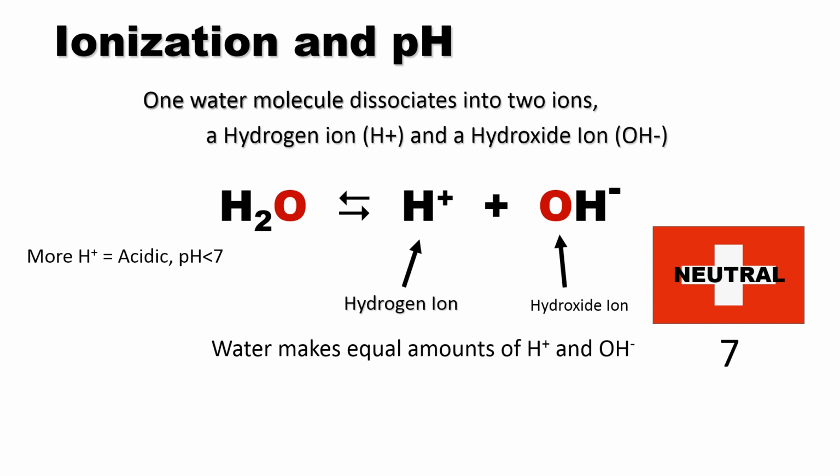I know it's weird. More acidic gets a lower pH. Counterintuitive, but it works mathematically. When you end up with more hydroxide ions, more OH ions, that solution is considered alkaline and has a pH greater than 7.